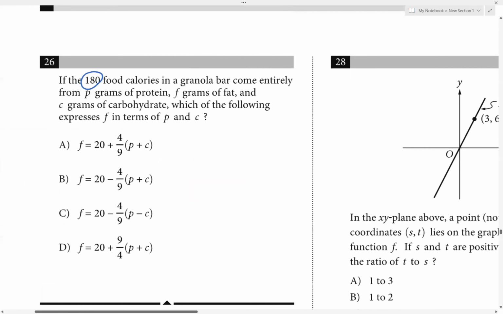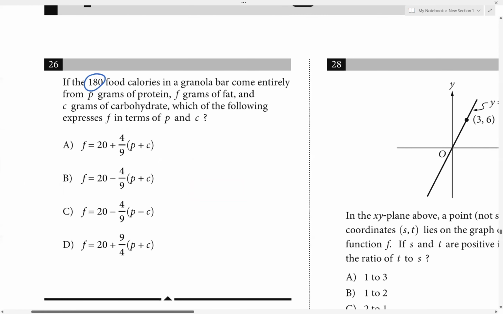All right, so you see we know from the table, each gram of protein contains 4 calories. And we have P grams of protein, so it'll be 4P. Okay, this represents the total amount of calories from those P grams of protein.